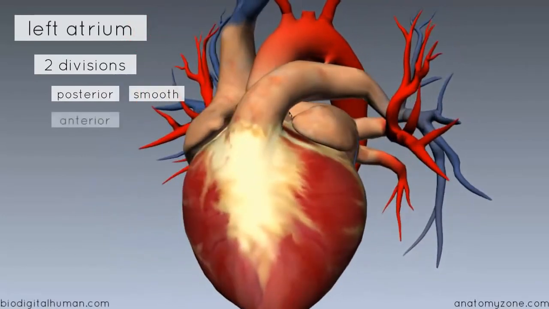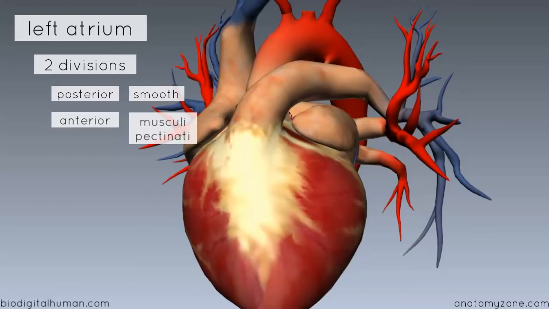The anterior half is continuous with this left auricle here, and this half of the left atrium contains the rough ridges, so it's got the musculi pectinati. But unlike the right atrium, there's no crista terminalis.